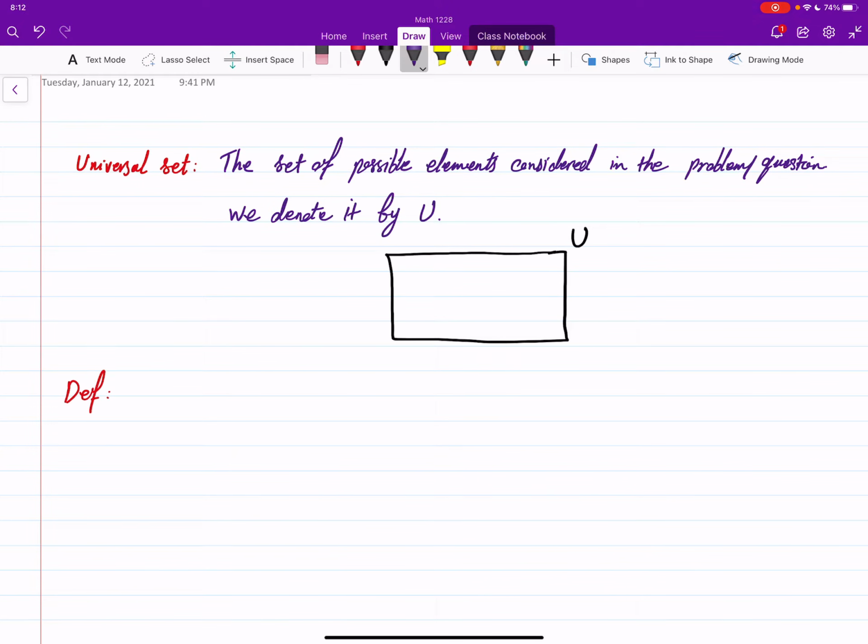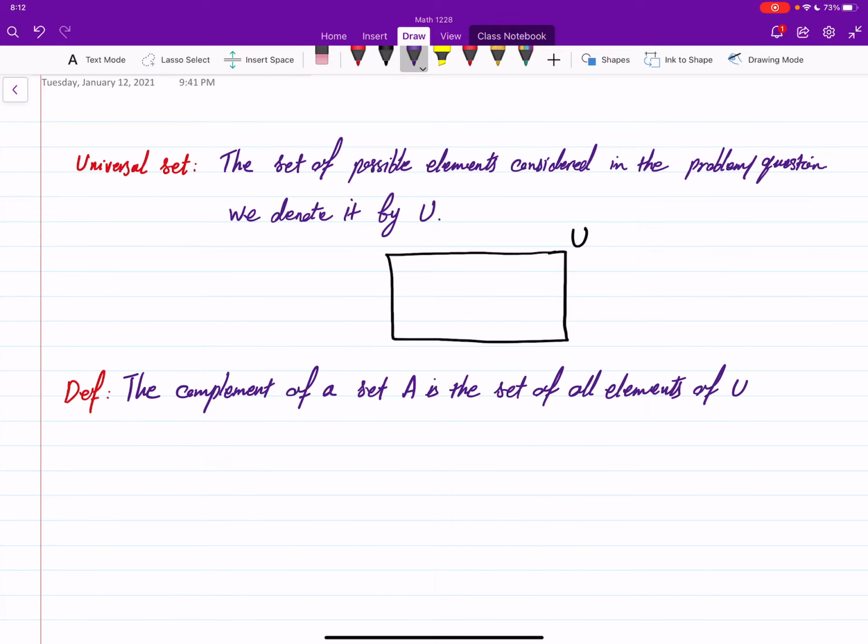So the complement of a set A is another set of all elements of the universal set which are not in A. So you take anything outside A, obviously inside the universal set.